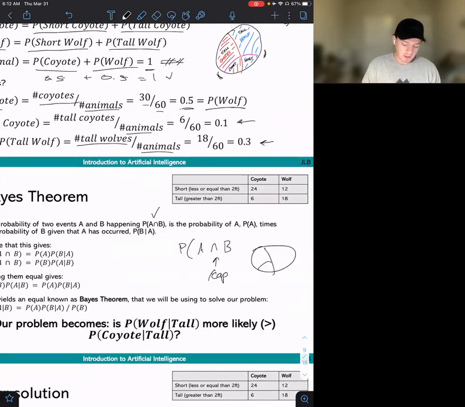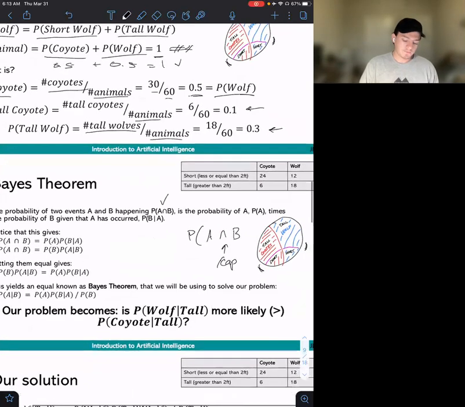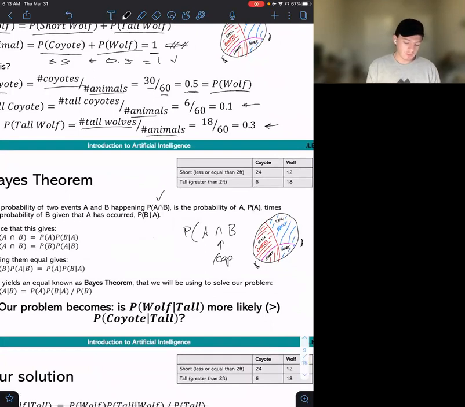I'm not going to draw, actually, I will just go ahead and copy and paste this over here. We can just use this. So we're looking at probability of A and probability of B, where A could equal wolf, for example, and B could equal short.